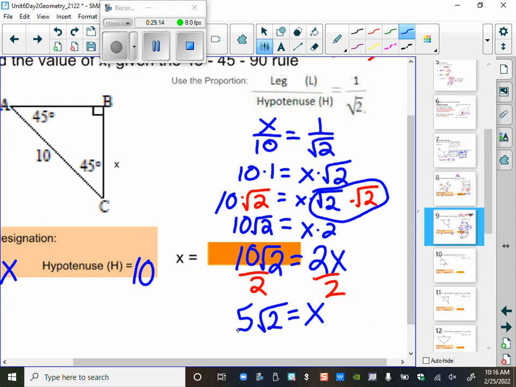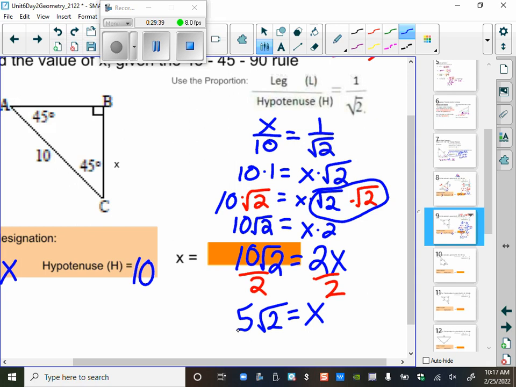So I think the most complicated part of this type of problem is going from here to here. Because in the end, we really don't want to have radical numbers multiplied by x. You really don't want that. But the way to get rid of it is to multiply both sides by that square root of 2.